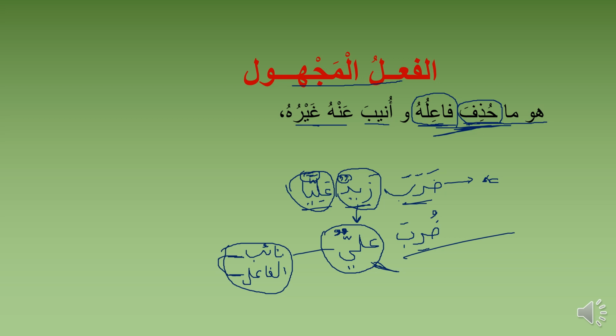But looking at the meaning, we can see here daraba Zaidun Aliyan: Zaid beat Ali. But here in fi'l majhul, duriba Aliyun, Ali was beaten.